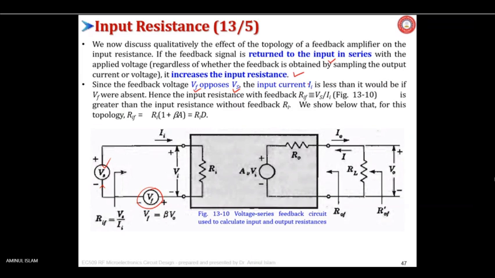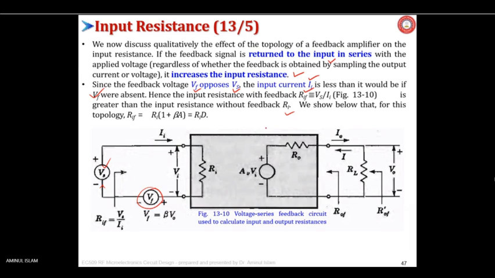Okay, the input current Ii is less than it would be if the VF were absent. Hence, the input resistance with the feedback, that is Rif equals Vs by Ii, is greater than the input resistance without feedback Ri. Okay, so understood.